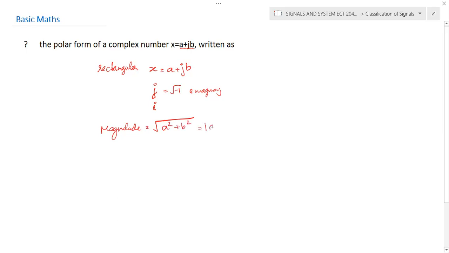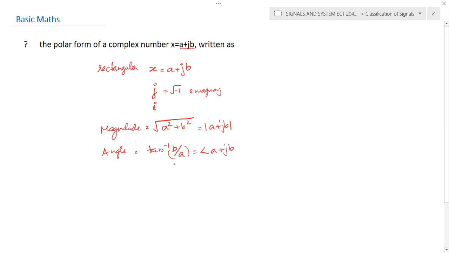You can also represent it like this, the magnitude of a plus jb. Similarly, we need to find the angle. The angle is represented by tan inverse of the imaginary part, that is b, divided by the real part. So tan inverse b by a. You can also represent it as the angle of a plus jb.